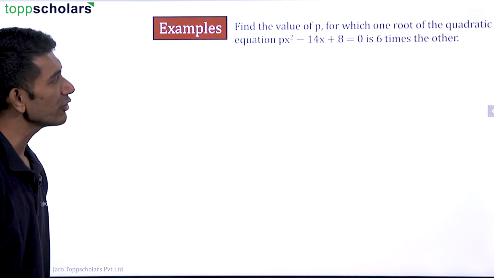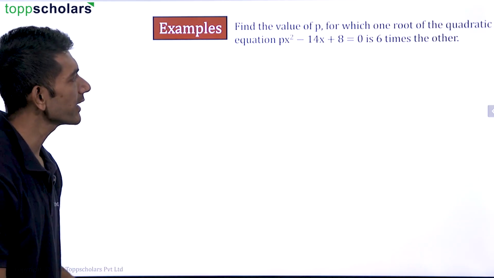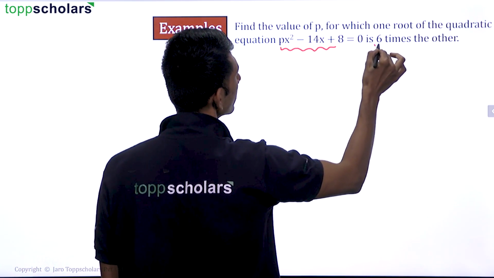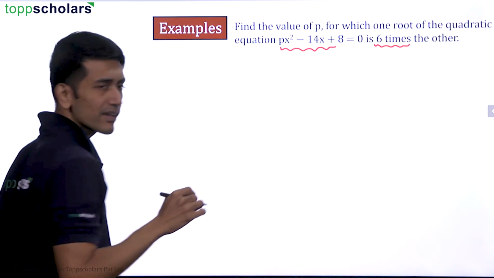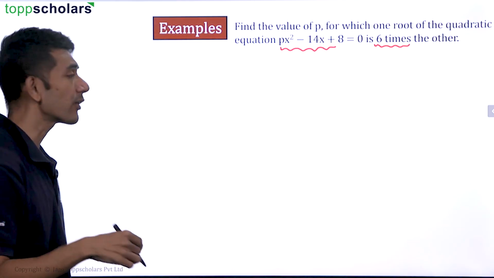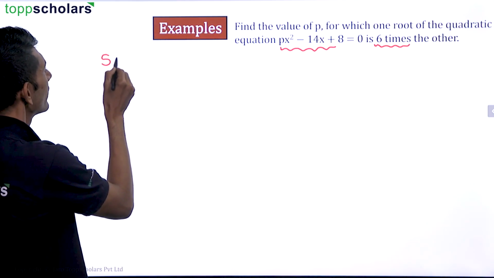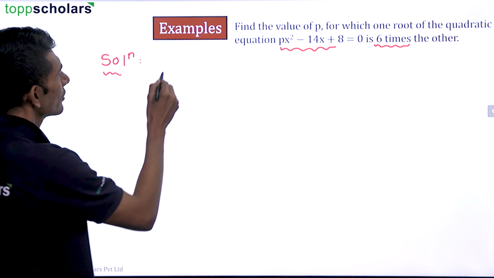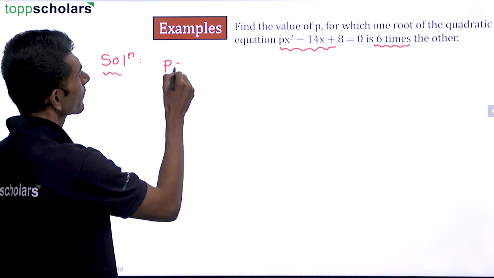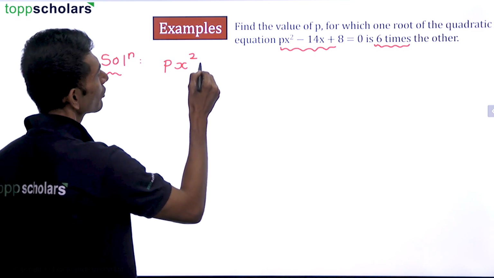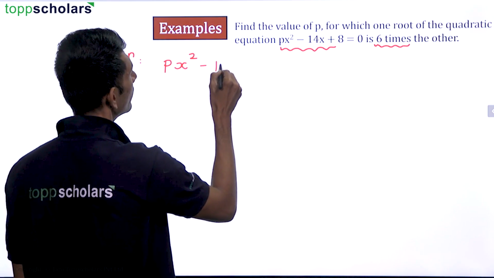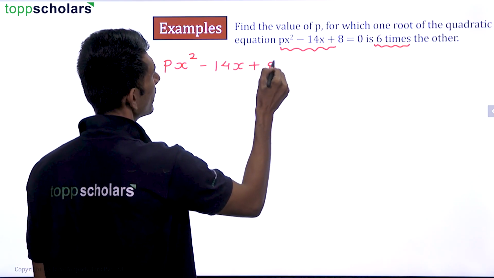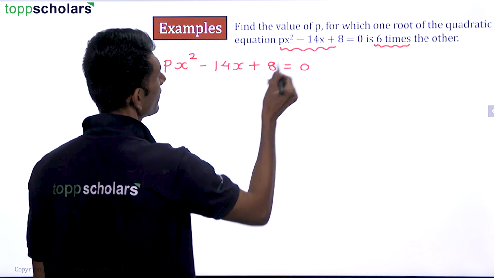It says, find the value of p for which one of the roots of the quadratic equation is 6 times the other. Now the quadratic equation is already given to us and we have studied quadratic polynomials as well, right? So here, the quadratic equation is px² − 14x + 8 is equal to 0.